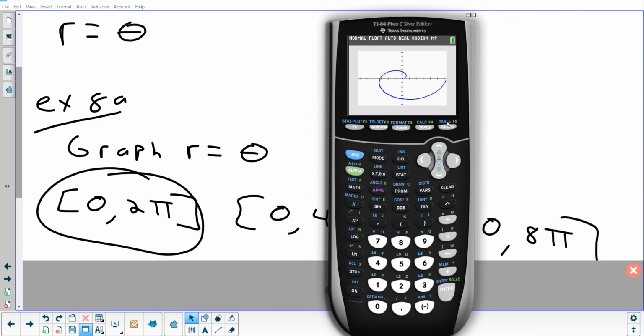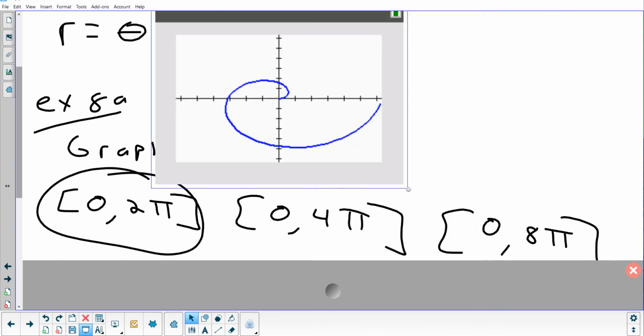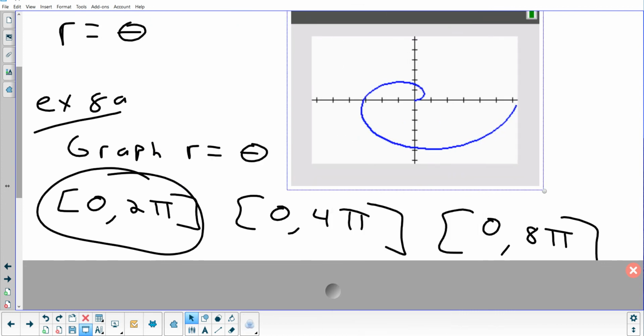Okay, exactly 1 revolution. And the only place that you really needed to go all the way to the maximum arm of the spiral was at the x-max. You didn't really need it at the y-max, the x-min, or the y-min. Just the x-max.